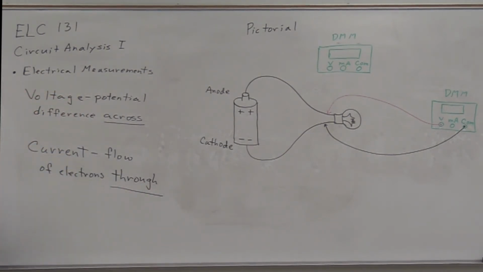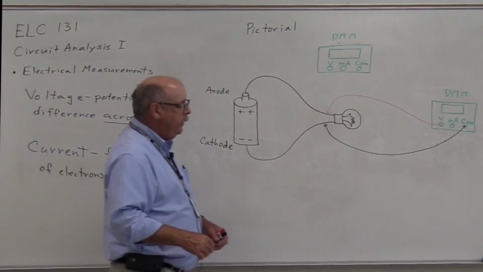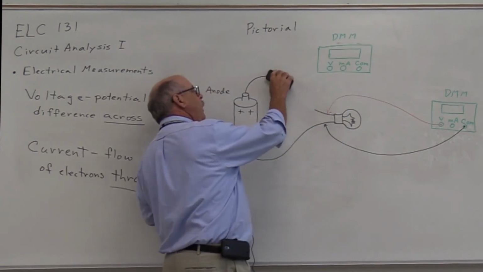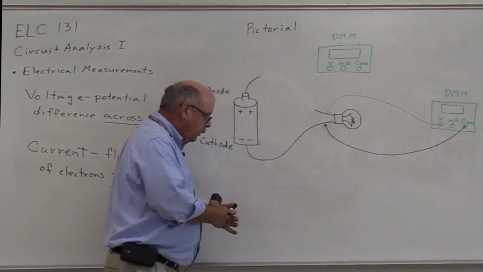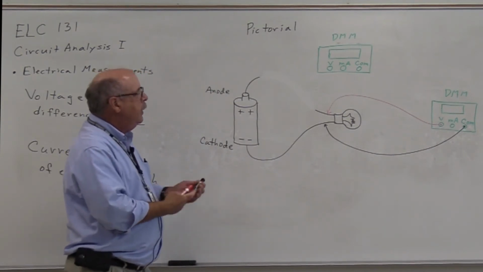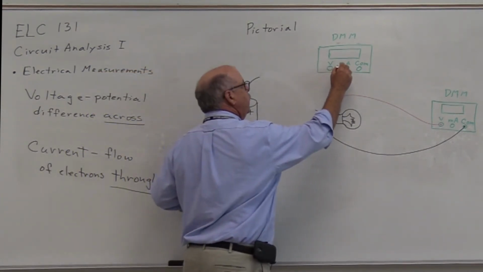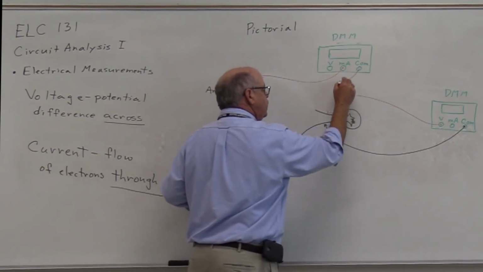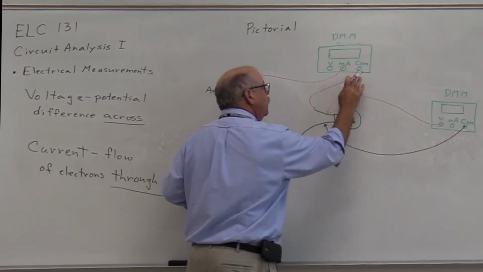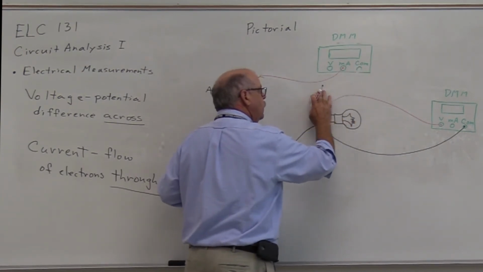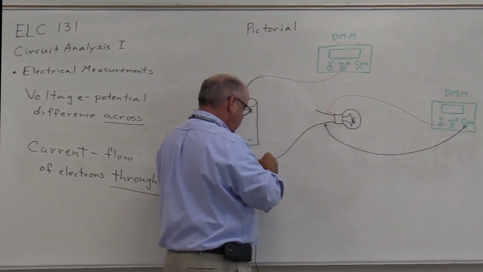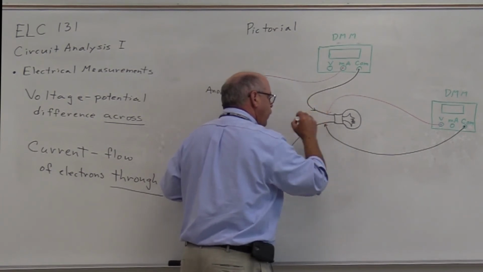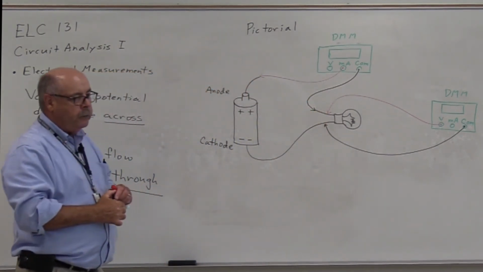So in order to measure current, what we have to do is physically remove the path for current through the load and connect the metering device such that the current has to flow through the meter.